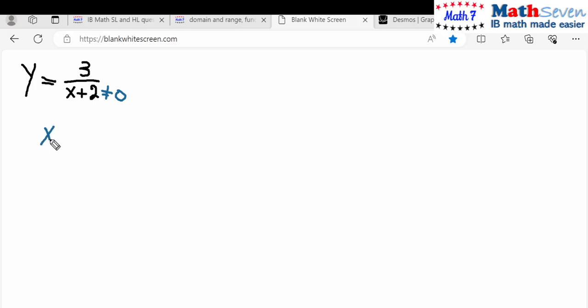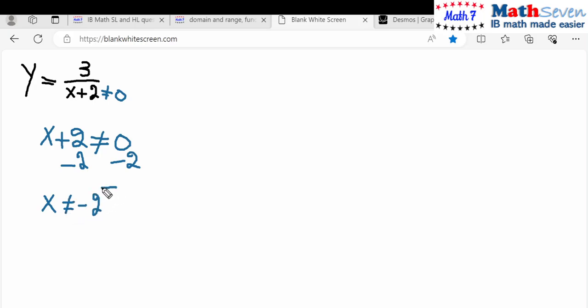So x plus 2 must never, ever equal 0. Listen to me carefully. That's not valid for this question only, it's valid for every math question in the math books. So you're just going to do minus 2. In other words, x can take any value, but cannot take minus 2.